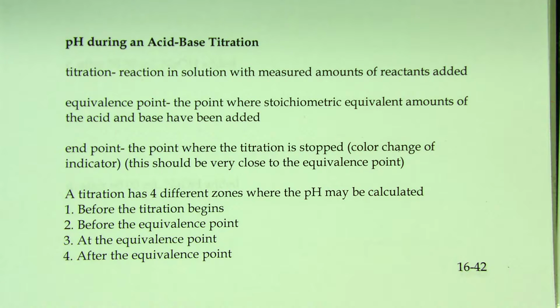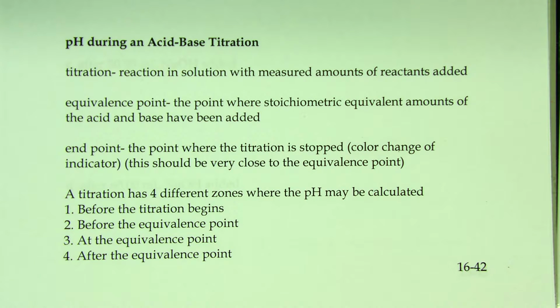The end point is where we stop doing an acid-base titration, because our indicator changes colors. Now, you've titrated with phenolphthalein. And remember, when we titrate with phenolphthalein, we're going from an acidic pH to a basic pH. We go from colorless to pink. And phenolphthalein, you used this in Chem 111.